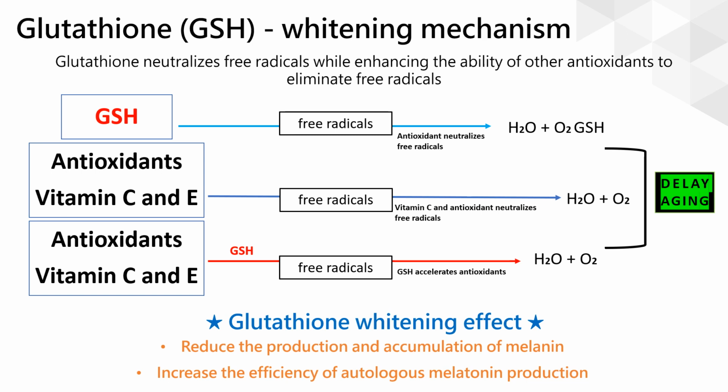It also reduces melanin production and increases melatonin production to help lower age spots and reverse signs of aging like black spots and fine lines. Additionally, it aids in skin whitening by repairing damaged cells, overall delaying aging for better whitened skin.